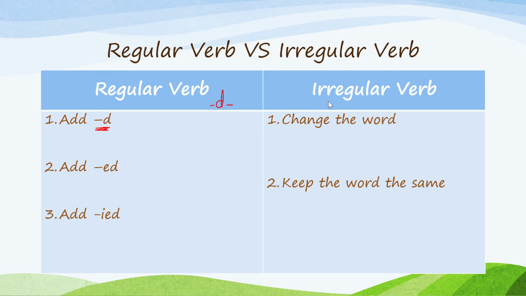Selalunya verb yang berakhir dengan huruf E, ya, verb yang berakhir dengan huruf E, kita tambah huruf D. Ya. For example, waste. Verb, past verb form dia adalah kita tambah D. Wasted.